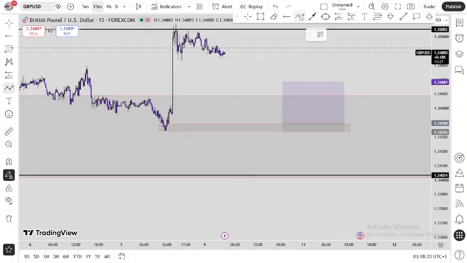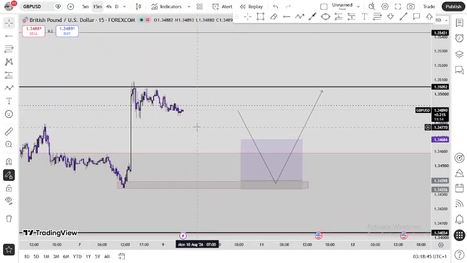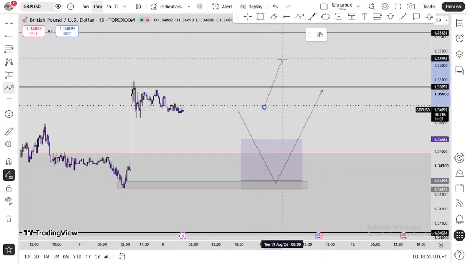So if it doesn't do this, I would be staying out. I'll just be waiting for the market to come back to this area before looking for the longs, or if it starts breaking this area here, then we can start looking for the demand that broke this area to buy there and then continue up.